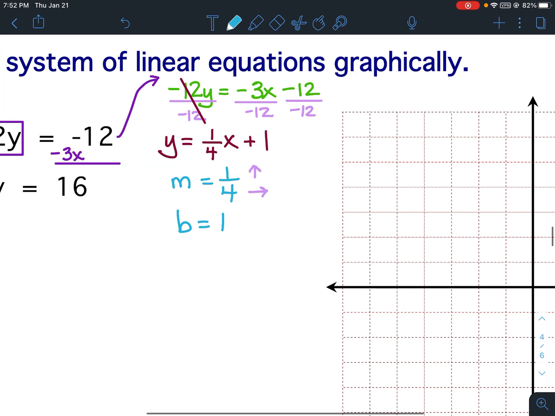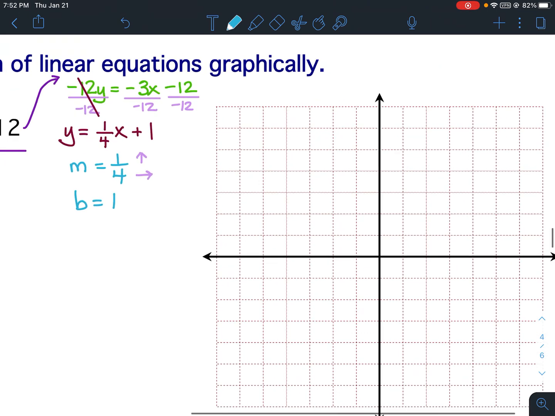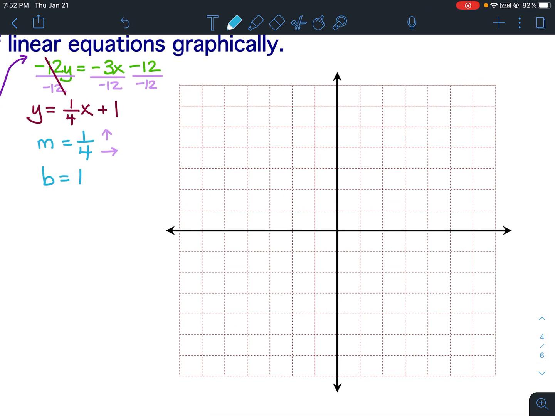So let's go ahead and graph this first equation. Starting at positive 1, I'm going to go up 1 over 4. I can't go up 1 and over 4 more, so I'm done going up and to the right. So the other direction would be down to the left. So go back to your starting point, go down 1 and to the left 4.